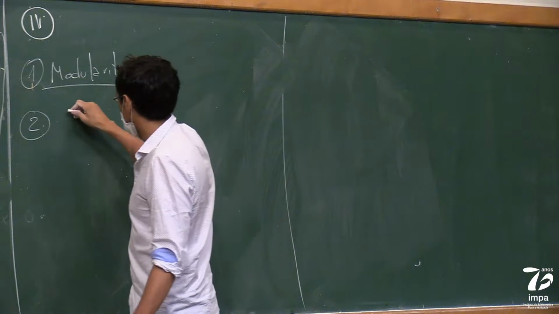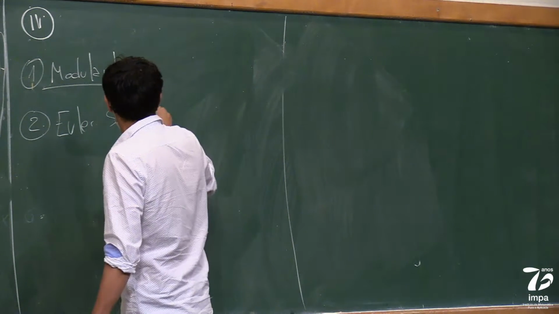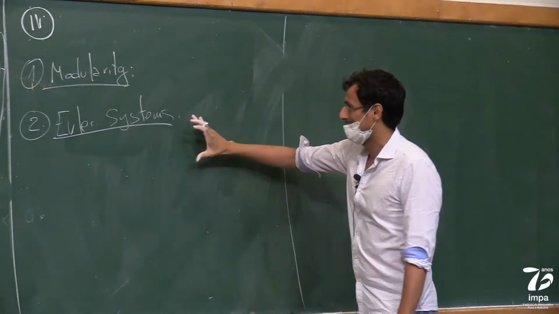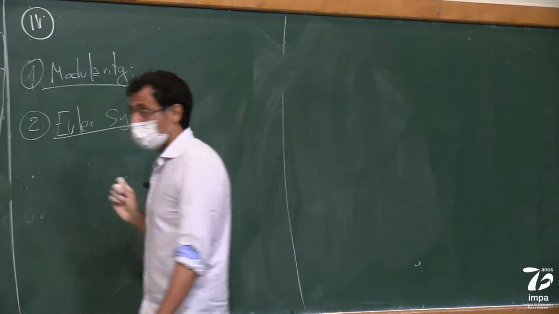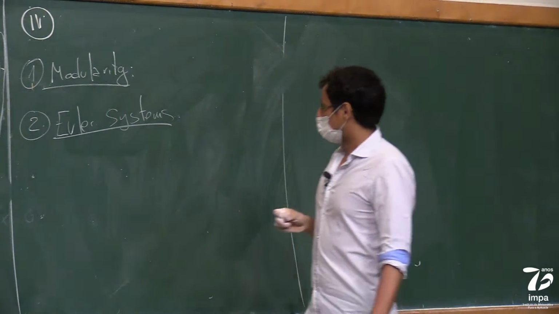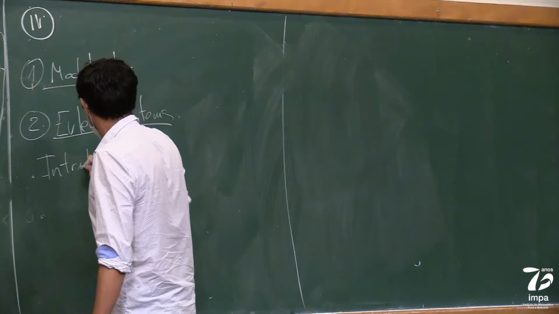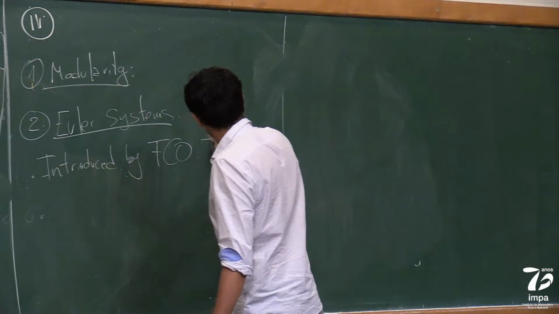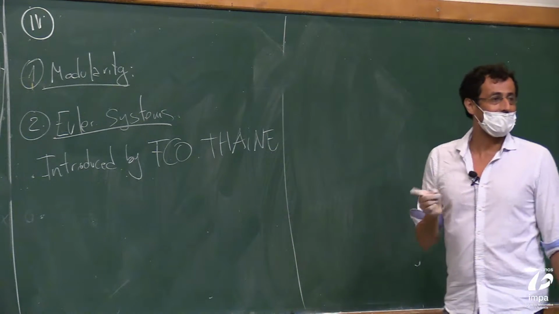Secondly, you use the ideas of Euler systems. I wanted to explain a few words about that. They are very powerful tools that were introduced by Francisco Thaine, who was at IMPA.